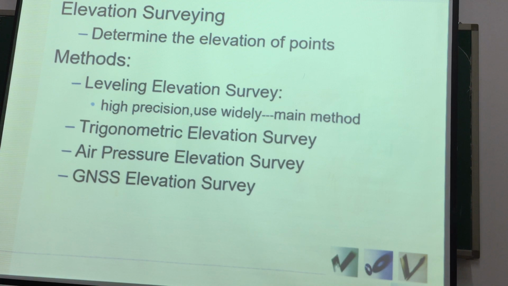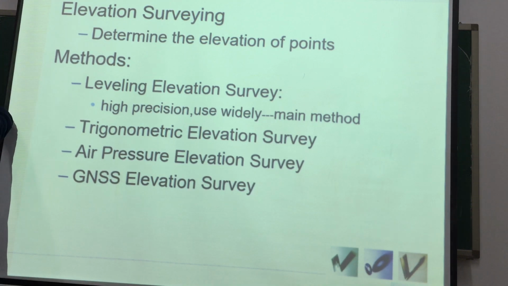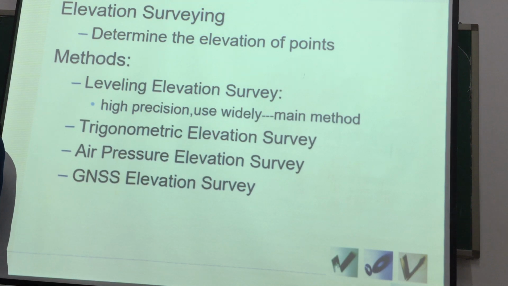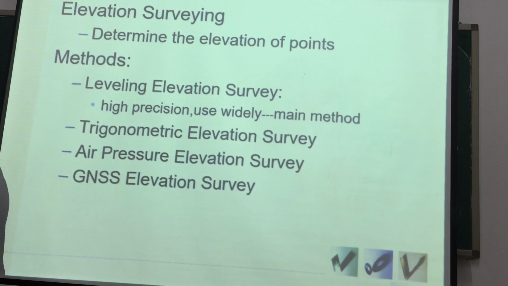Because many years ago just this system could work, we used GPS as the name of this kind of system. But nowadays, because we have these three systems, we use another name, GNSS, as the name of this kind of satellite system.